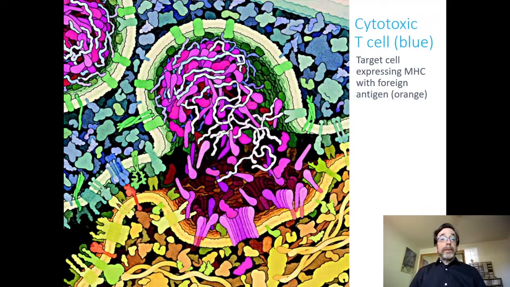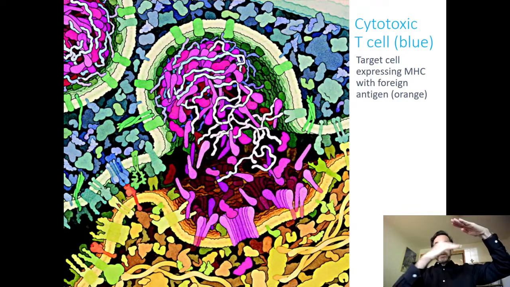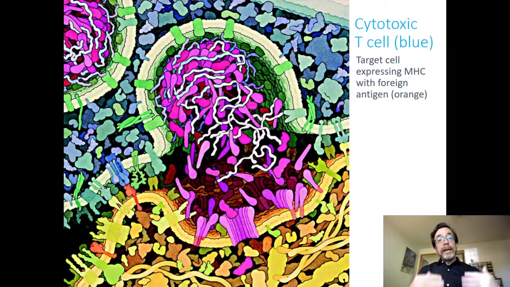And so this is the weapons that the cytotoxic T cell has. You see I have the T cell in blue, and this is one of my, remember my favorite artist, David Goodsell, for protein paintings. You have the cytotoxic T cell in blue on the top, and you have the target cell expressing MHC in orange on the bottom. And if you look way over there, you see a blue T cell receptor that's binding a little red MHC molecule.